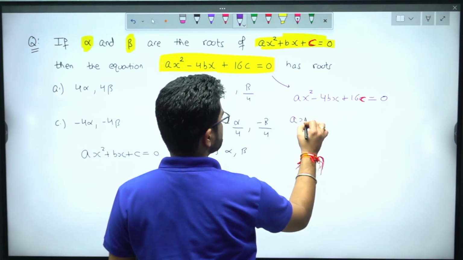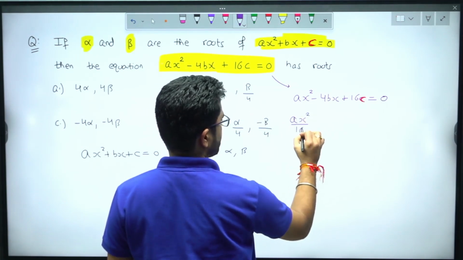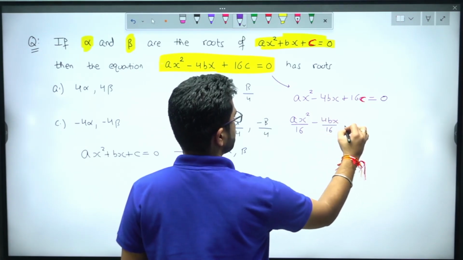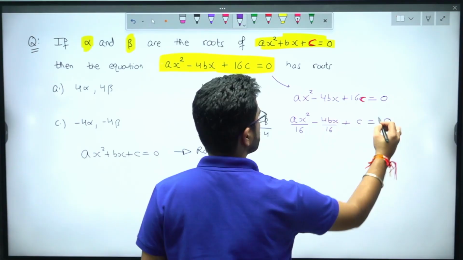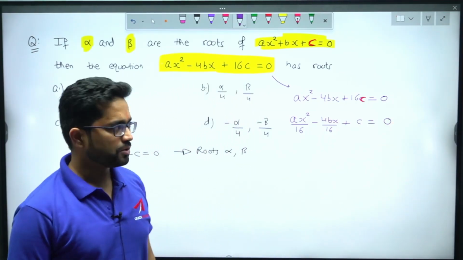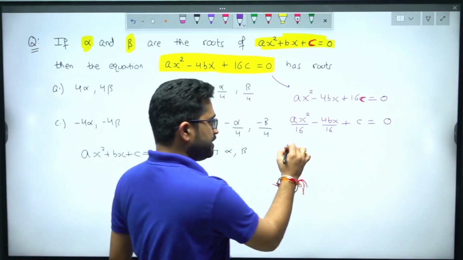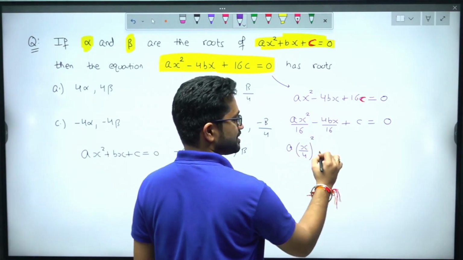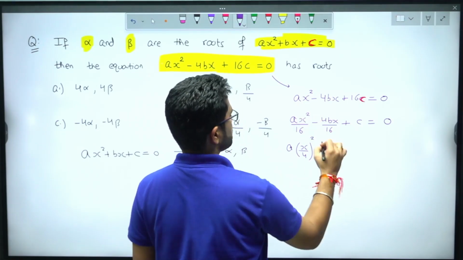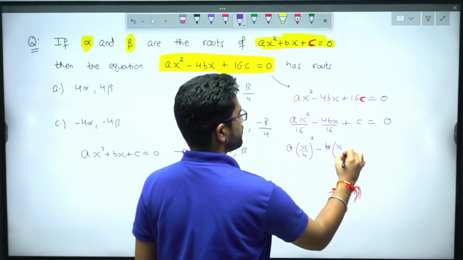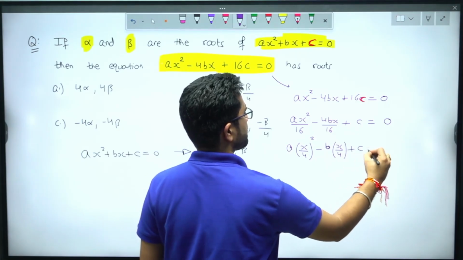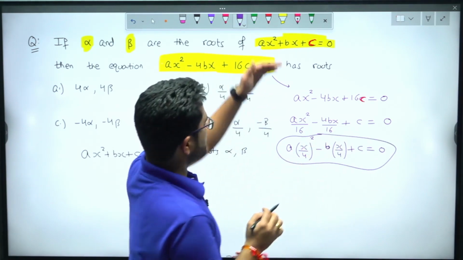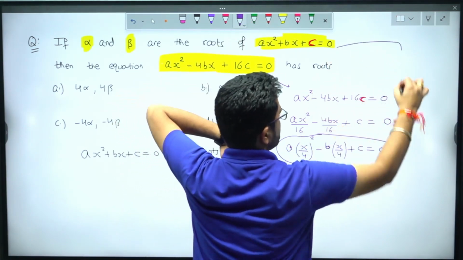So ax^2/16 - 4bx/16 + c = 0/16, that is 0. Now, can we rewrite this as a(x/4)^2 - b(x/4) + c? In this phase, you can see up to some extent we can directly observe what kind of transformation has been applied.